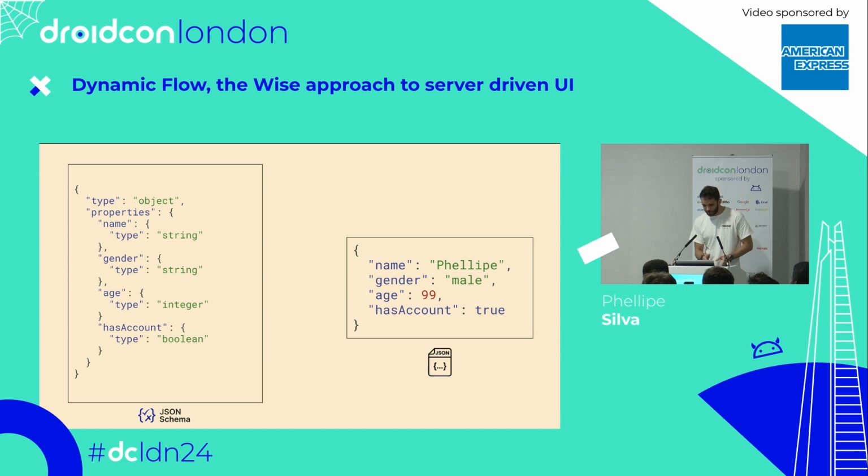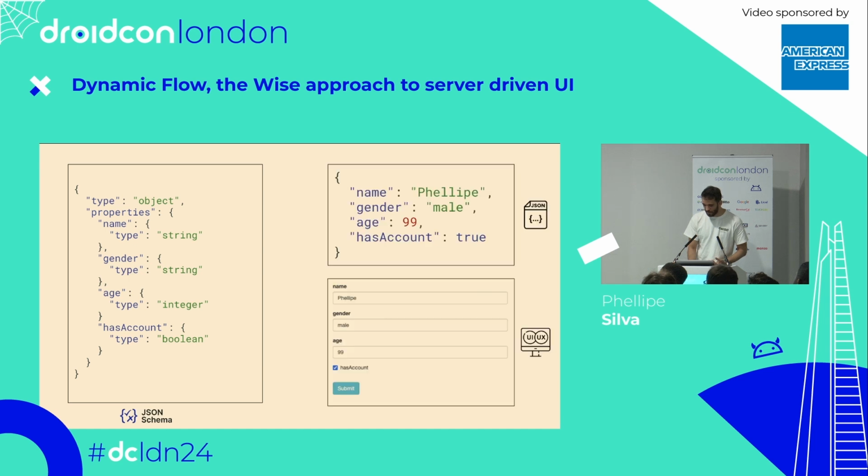If you see on the left, I'm describing a JSON object with 4 properties: name, gender, age, and has account. Each property has a type, exactly the description that I have on the right. But what we also found is that we could generate values from this description by having a form-like experience generated by the JSON schema on the left.